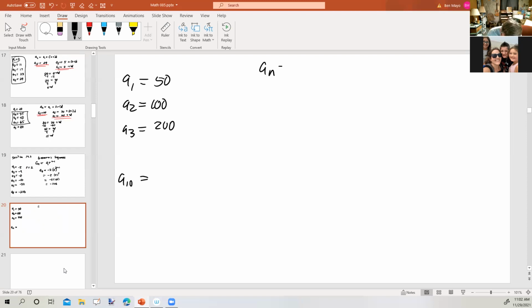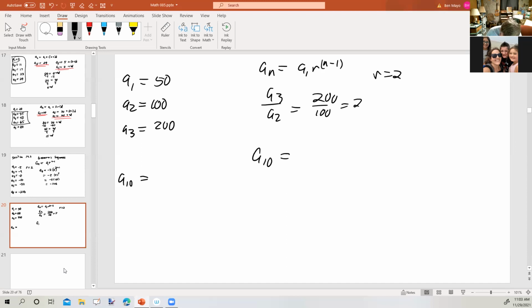Geometric, so a sub n equals a sub 1 times r to the n minus 1 power. We need r. How do you find the common ratio with a geometric sequence? You take a term in the sequence divided by the previous term. So a sub 3 divided by a sub 2, 200 divided by 100 is 2, so r equals 2.